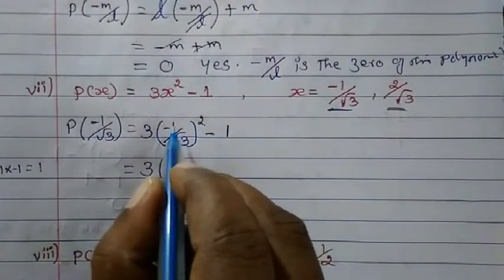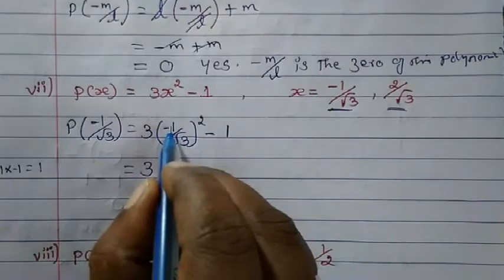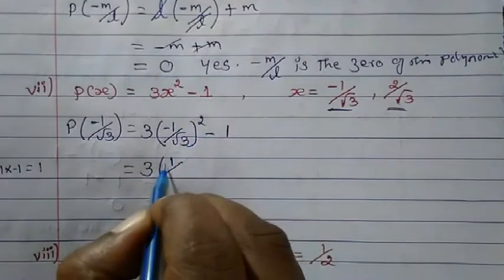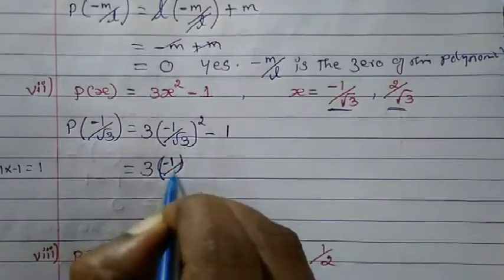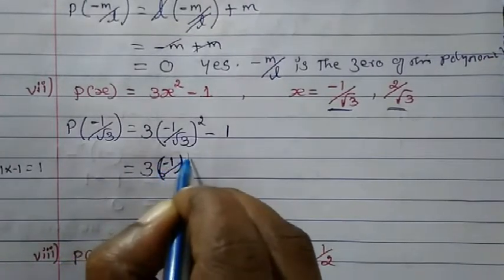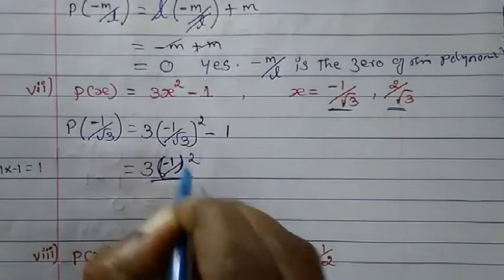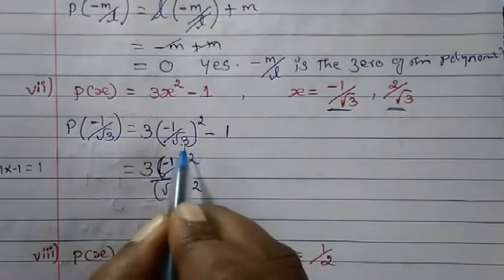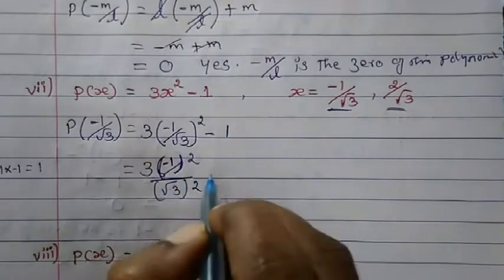The square is common for both. So for minus 1 also the square will come, and for root 3 also the square will come. So let's write down minus 1 square together, and separately root 3 square. Like this also it can be written.